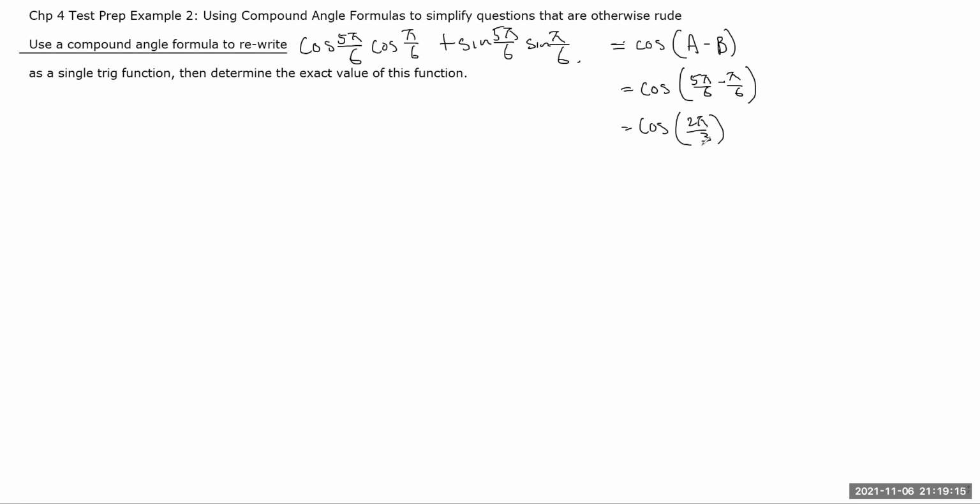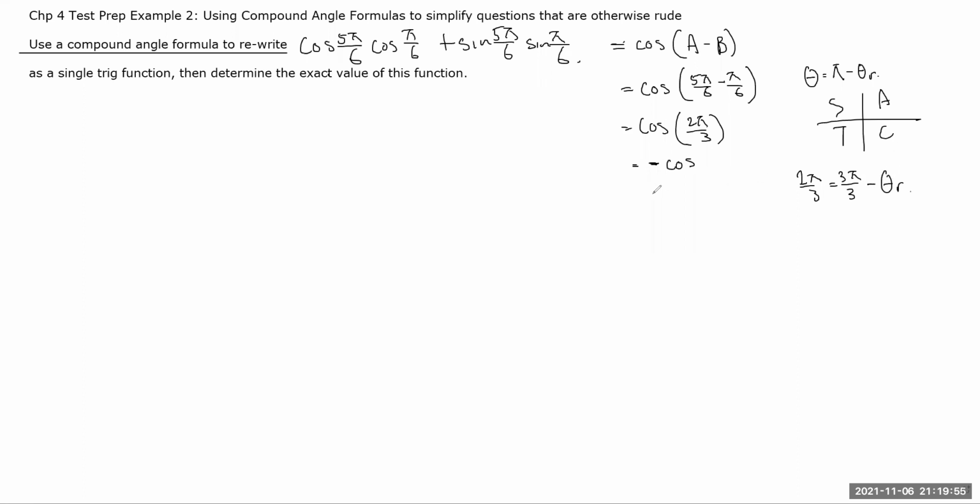Looks familiar? It should. Being in the second quadrant, CAST, if I rewrite this using an acute related angle, it is going to be negative cosine. And so in quadrant 2, the original angle is going to be full pi minus the related angle, which means original 2 pi over 3 is equal to pi, so 3 pi over 3, minus the related angle.